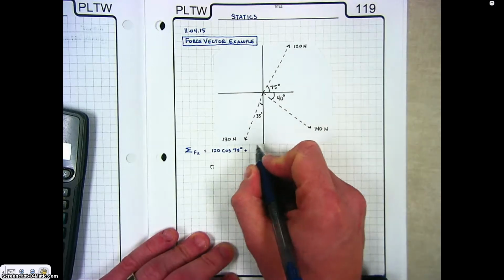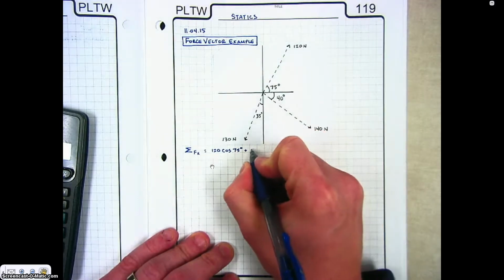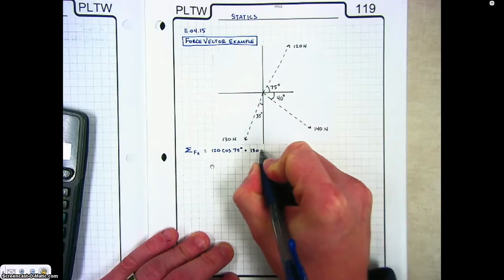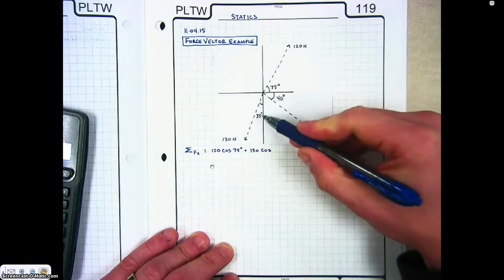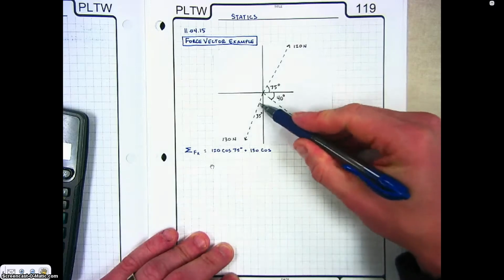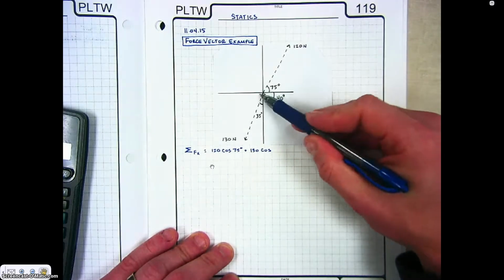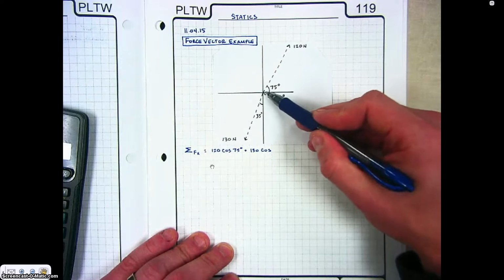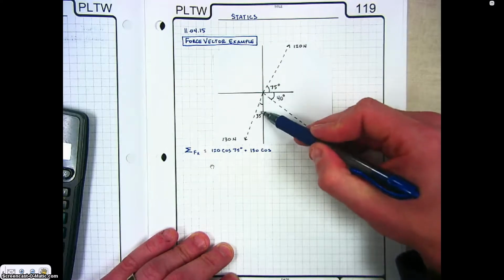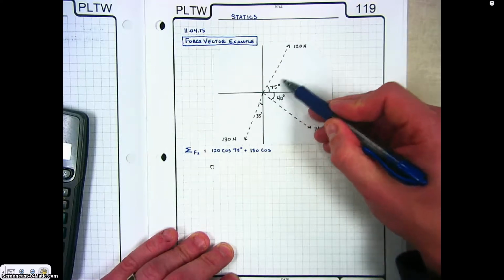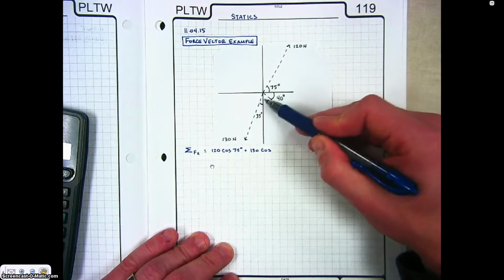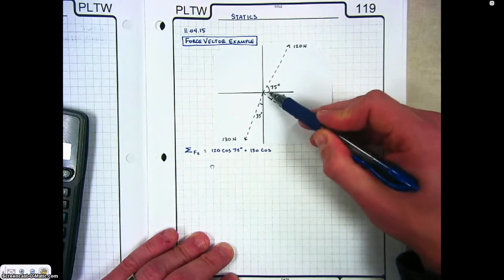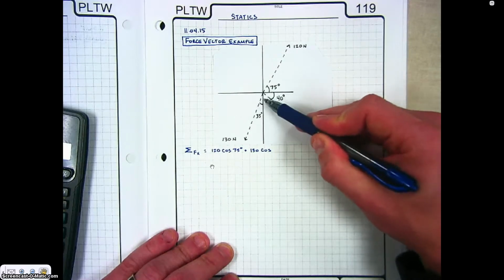Then we add the second vector, which is 130 newtons, times the cosine. Now we have to make our angles all from the same place. In this case, instead of using 35 degrees, because 35 degrees would technically be in quadrant 1, we have to figure out where we are in relationship to 360 degrees.